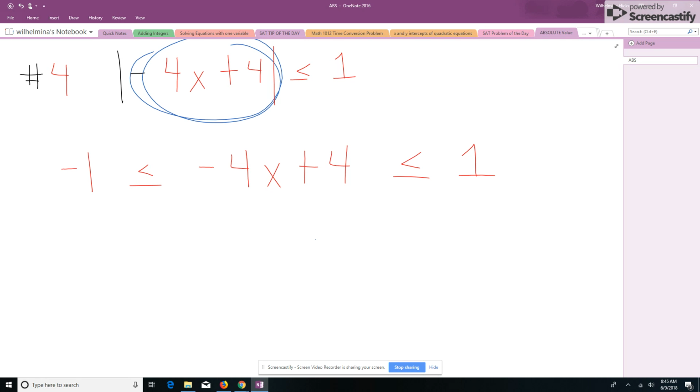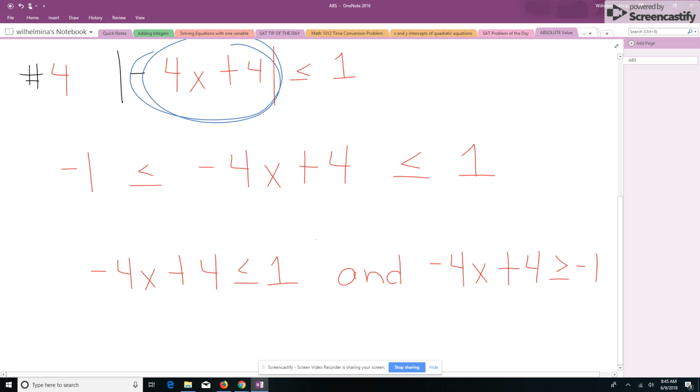That's one way to set it up. Or another way to set it up, you can say, take away the bars, and because it's a less than, it's going to be and. Flip the sign and make the number negative.